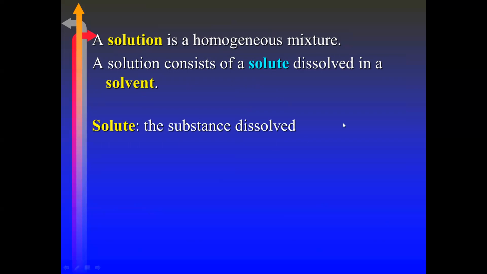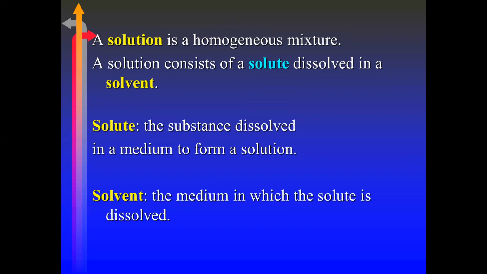This brings us to another two terms. Solute is a substance that is dissolved in a medium to form a solution, like the previous one, the potassium chromate. And the solvent is a medium where the solute is dissolved. I can give you one example.